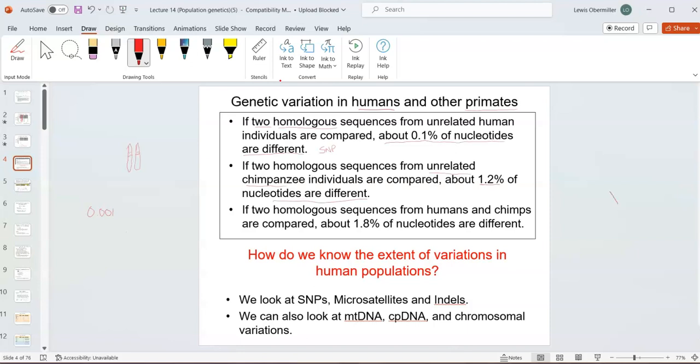Well, if we know that we're looking at a family tree, the further back that tree is, the further away from you, let's say this is you, the more variation, right? And the closer to you, like mom and dad, is going to be less variation. And this would be the most variation.